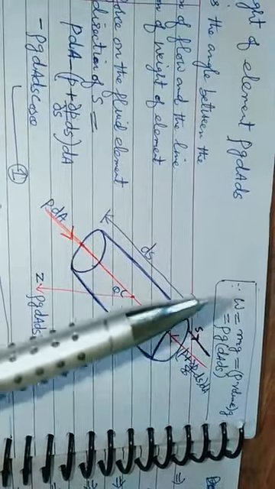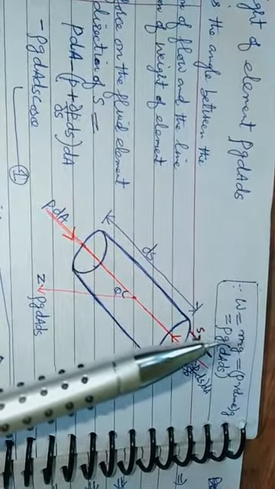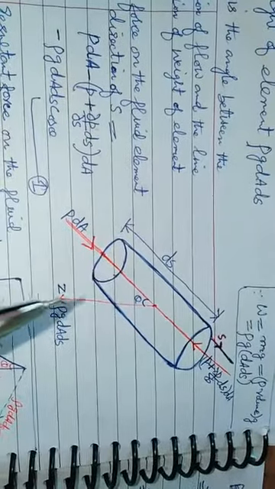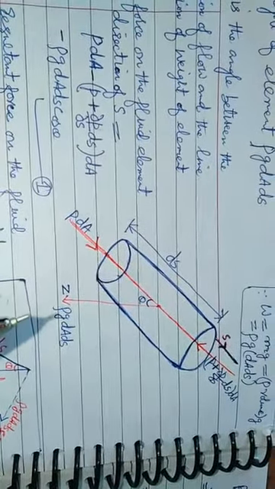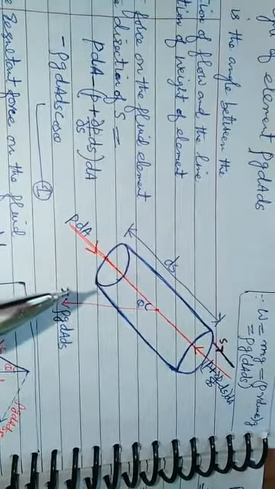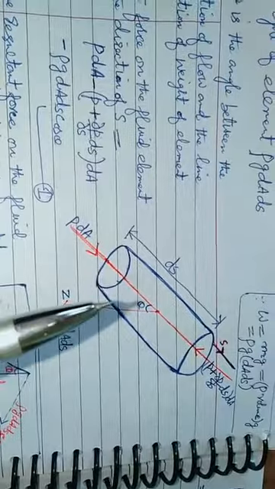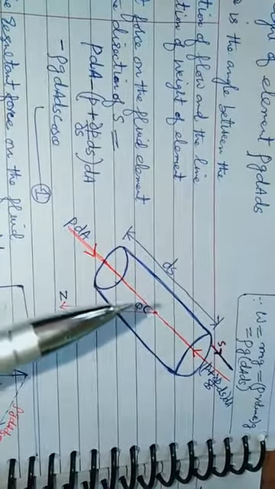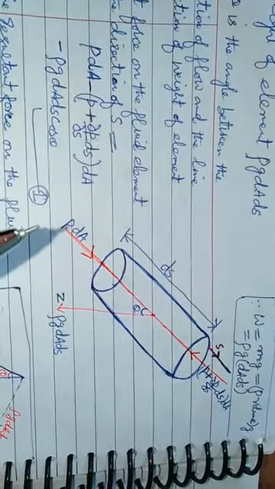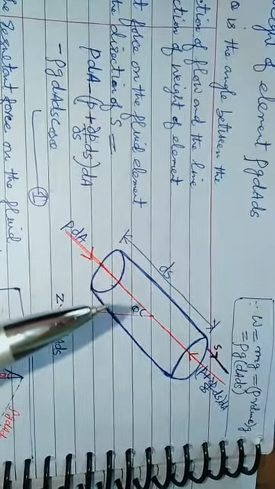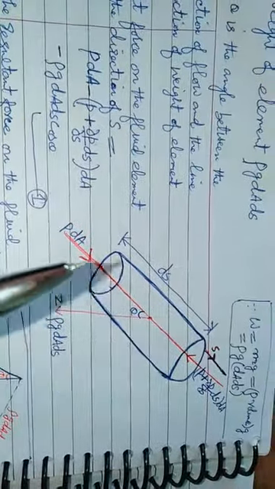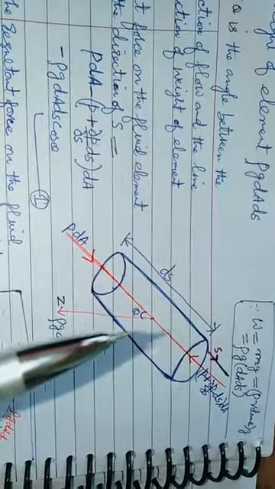This is the weight of the fluid element, and it will act vertically downwards along this direction, which is the actual direction of the weight. This direction of weight is inclined at an angle theta with respect to the direction of the pressure, or you can say it makes the angle theta with the center line of the cylinder, or with the pressure force.